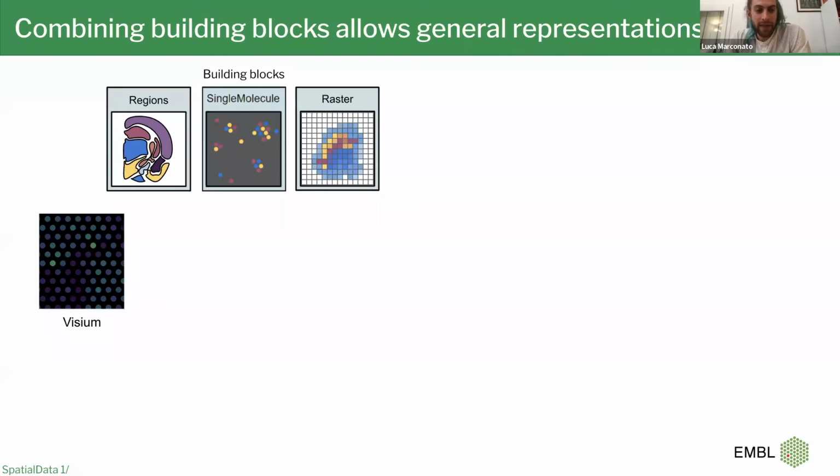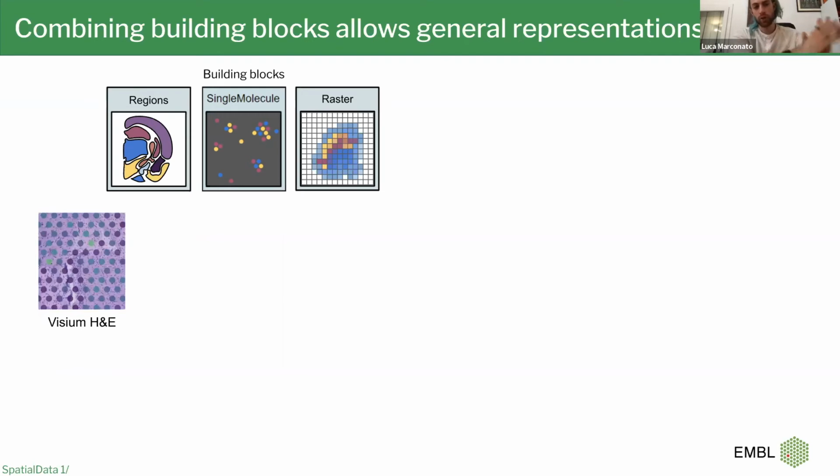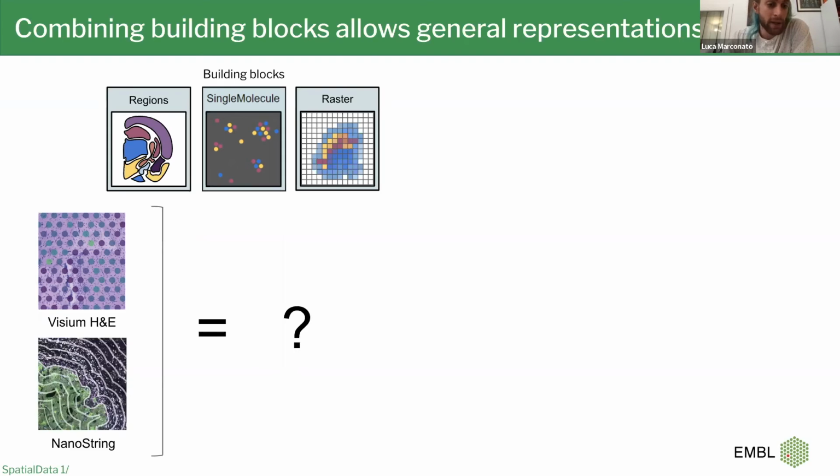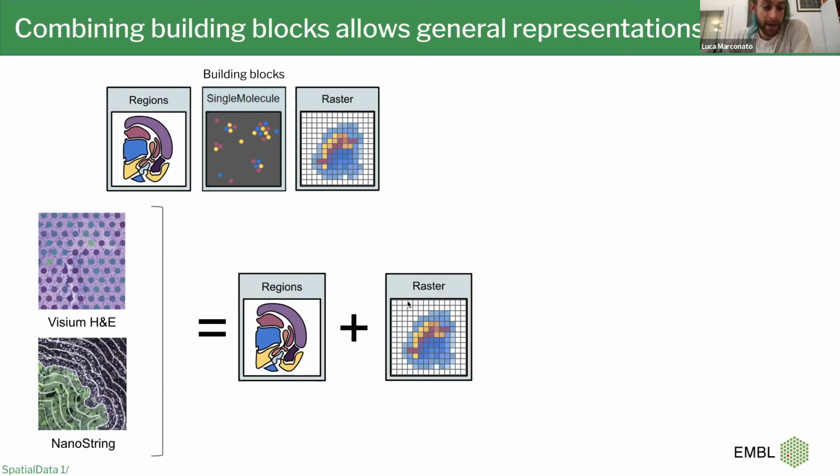The advantage is that when you have new spatial data types, like Visium ACNI, which is just Visium expression matrices plus images, as I showed you in the slide before, this is not one single building block, it is a combination of building blocks: regions plus raster.